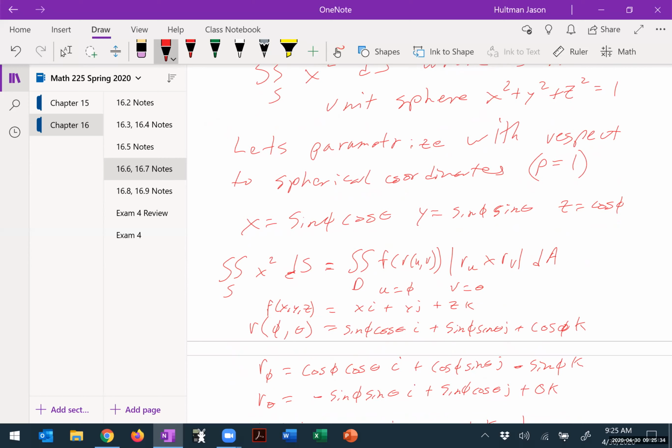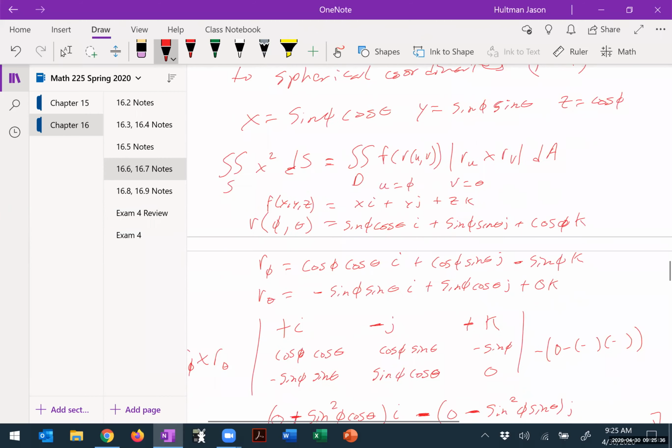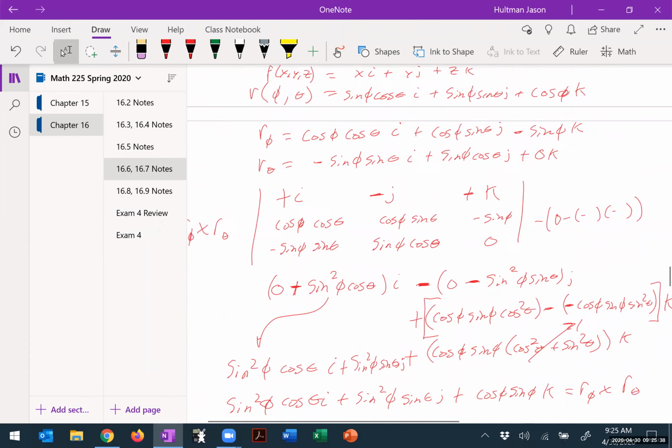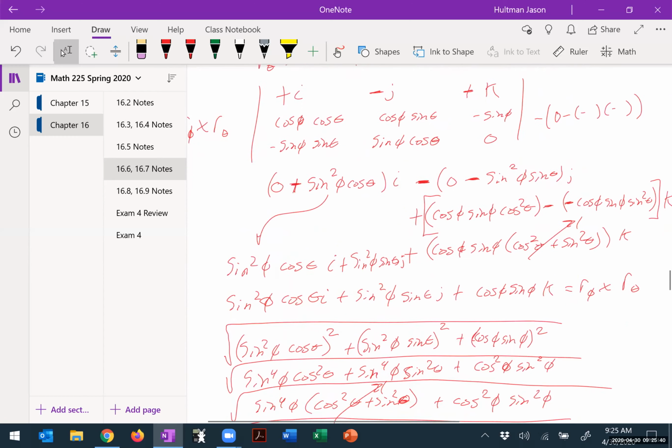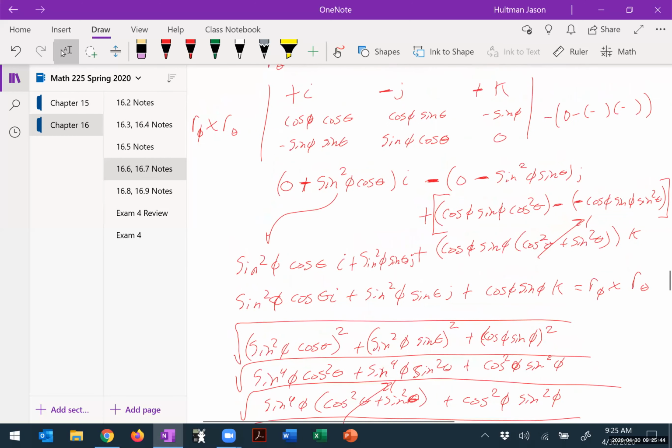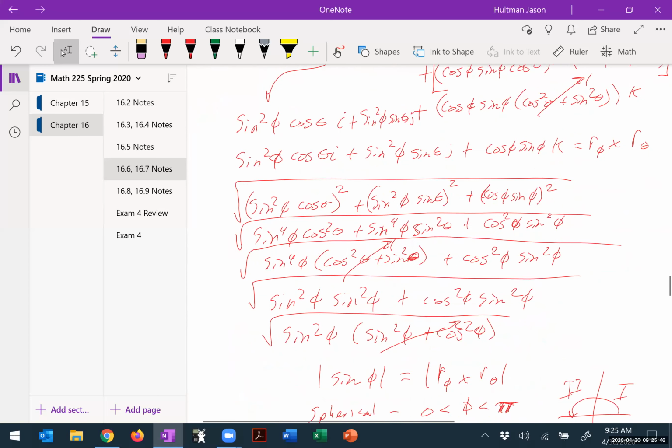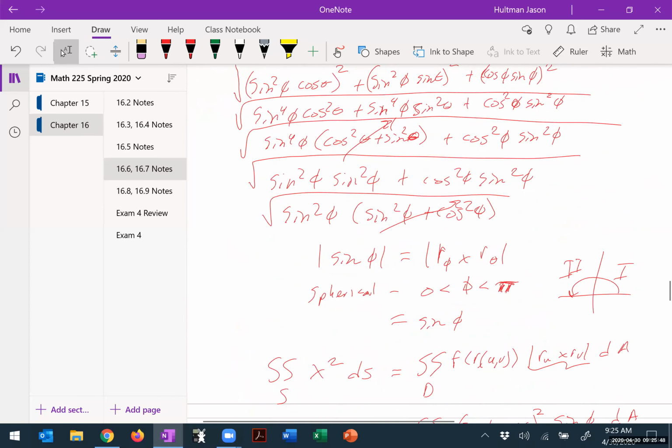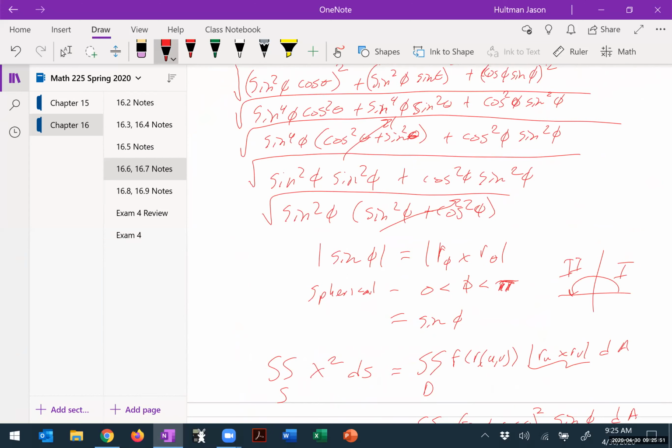And then we went through the parameterization of this, and we just want to find out what's the magnitude of this thing. The magnitude of this ended up being sine of phi.